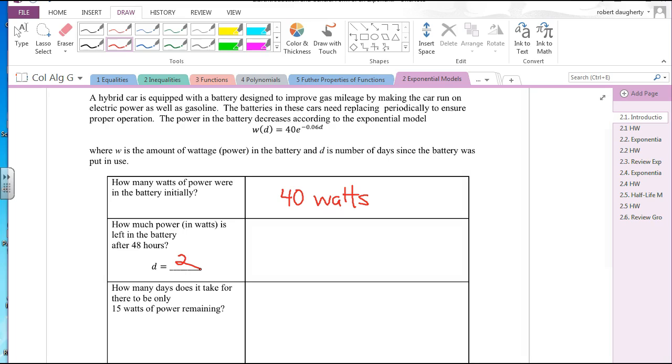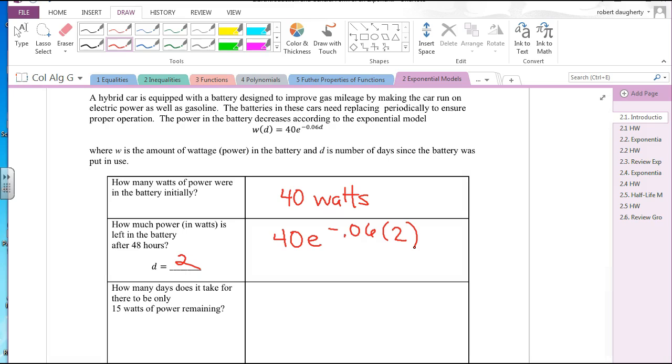What will I do to figure this out? Plug the 2 in for which variable? D. So I'm going to get 40 e to the minus 0.06 times 2. I'm just plugging in the value of 2 days into that equation.